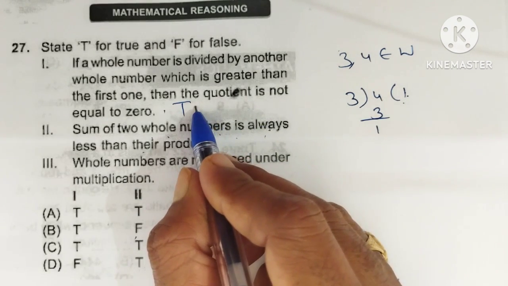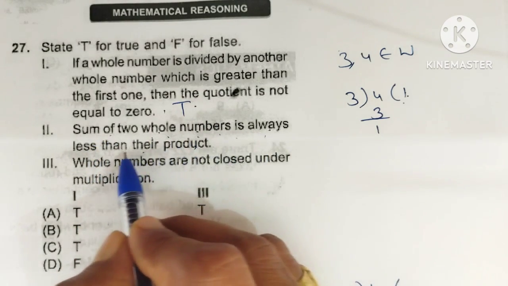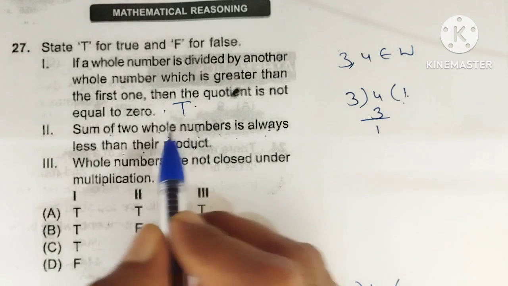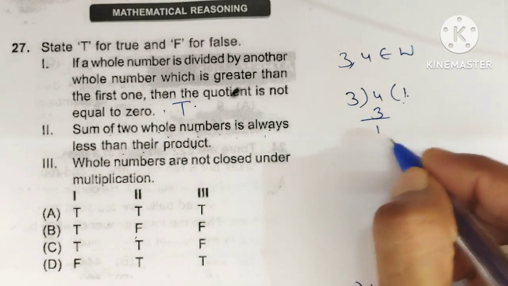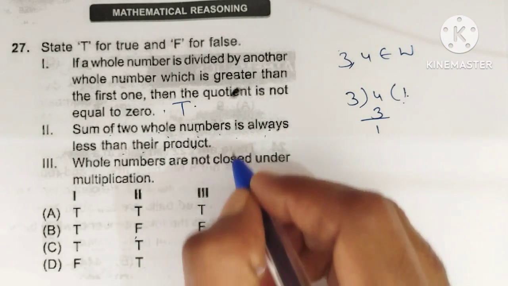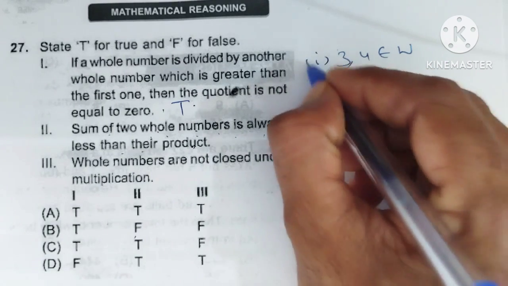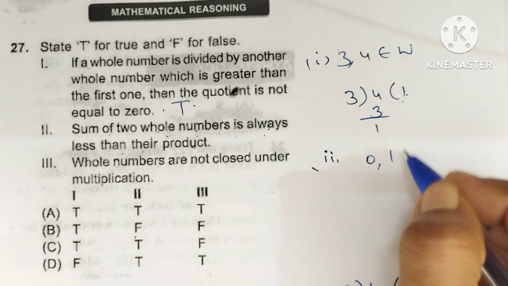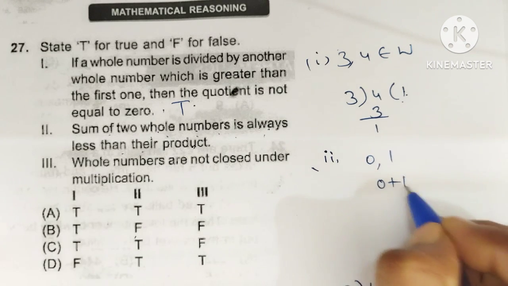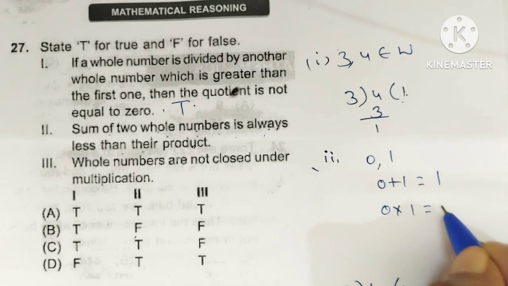So this is true. And the second one, the sum of two whole numbers is always less than their product. Let us take any two whole numbers, 0, 1. 0 plus 1 equals 1 and 0 cross 1 equals 0.